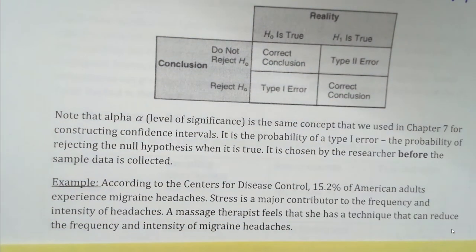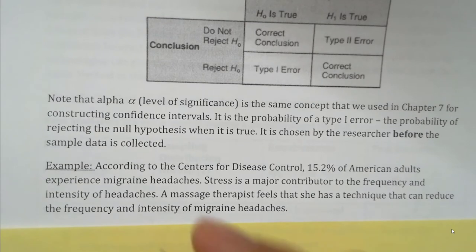Okay, let's go over this sample. According to the Centers for Disease Control, CDC, 15.2% of American adults experience migraine headaches. Stress is a major contributor to the frequency and the intensity of the headaches.